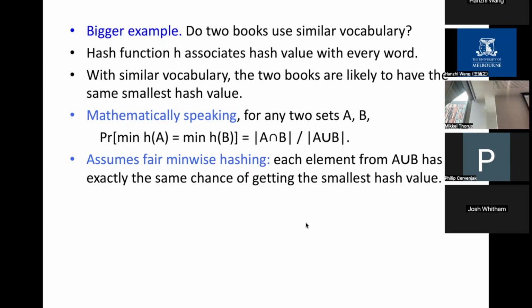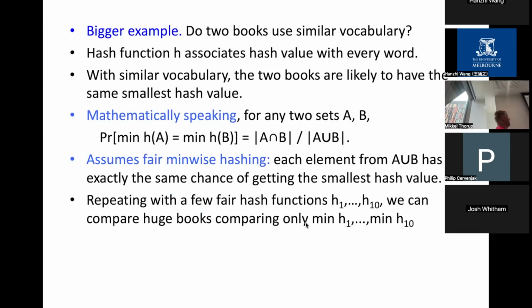Okay, so this assumes fair min-wise hashing, that every element from the union has exactly the same chance of getting the smallest hash value. If we have that system, we don't just take one, maybe we take 10 of these hash functions, right? And then we compare the books looking at these smallest ones. Every time we look at an index of a hash function, we have this indicator variable that tells whether they are the same or different.